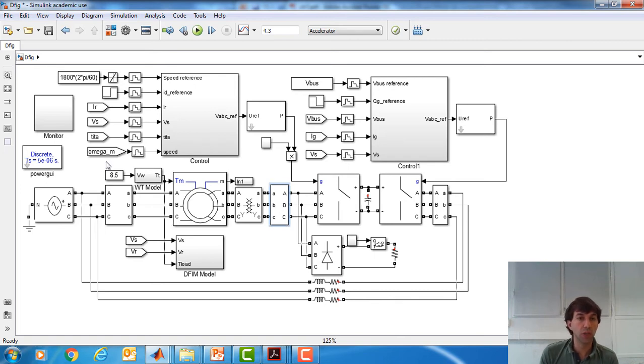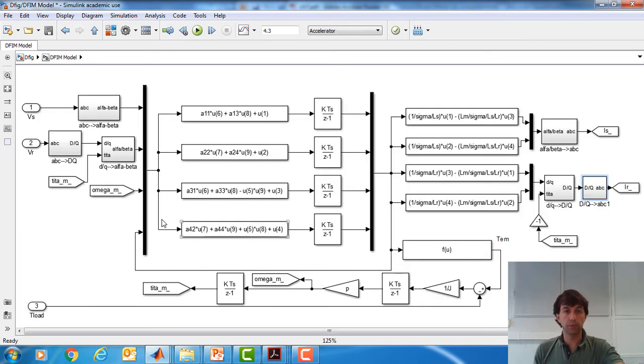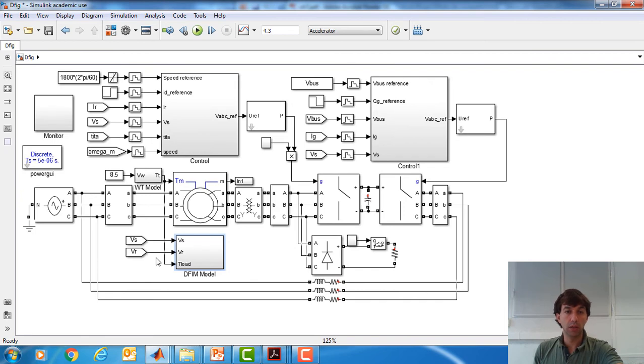Okay, so we need to refer to the stator. Let's take this. Therefore we need to multiply by U, sorry, let's do it smaller.